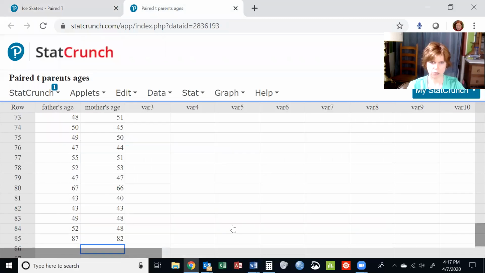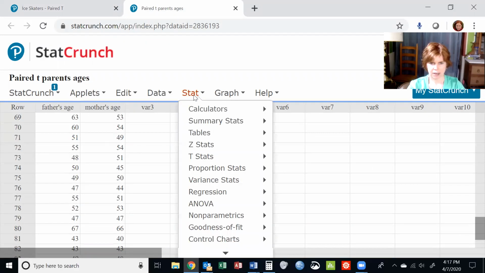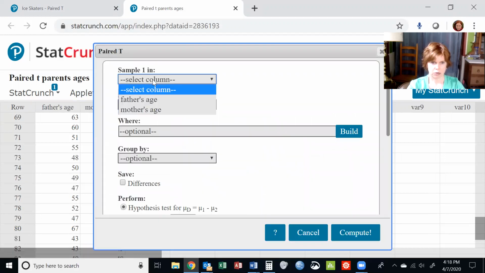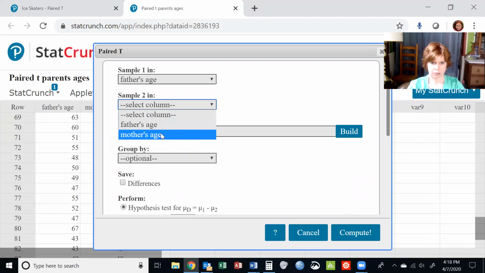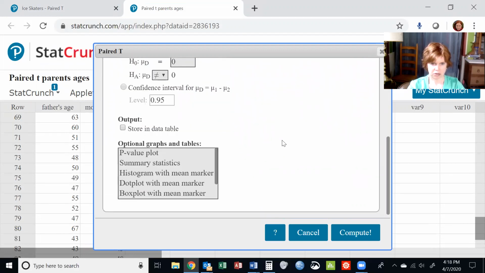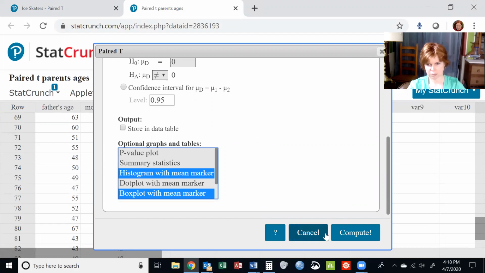This is paired T parents' ages if you're interested. So here's all my data, and I'm going to do Stat, T Stats, Paired, and I'll use father and then mother, and I'll save those differences. We don't need to, but all right, so I've got a histogram. Actually, I do want to look at my histogram and a box plot.